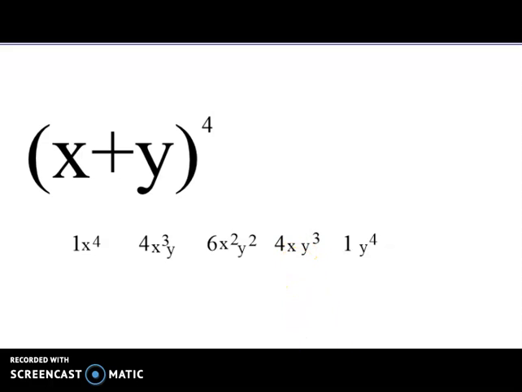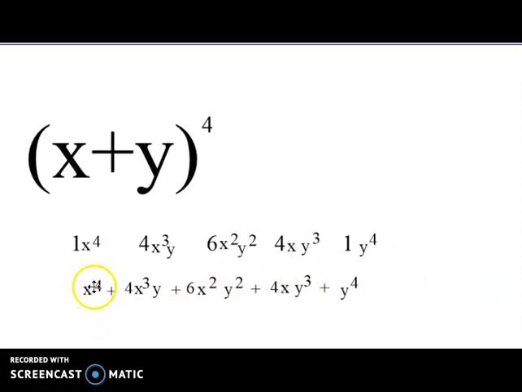So my final answer will be x to the power of 4 plus 4x^3y plus 6x^2y^2, and lastly then again plus 4xy^3, and last but not least plus y to the power of 4.